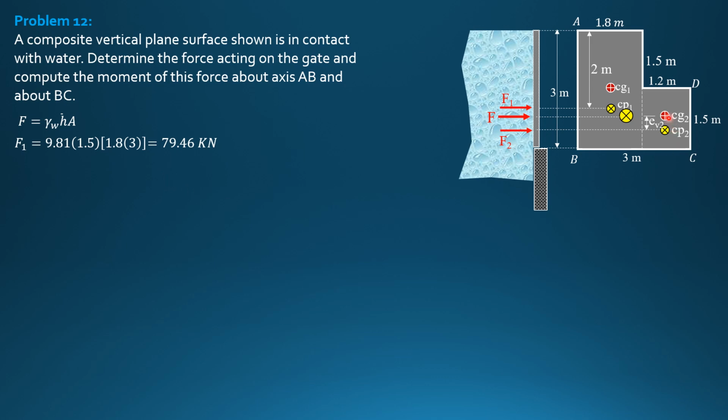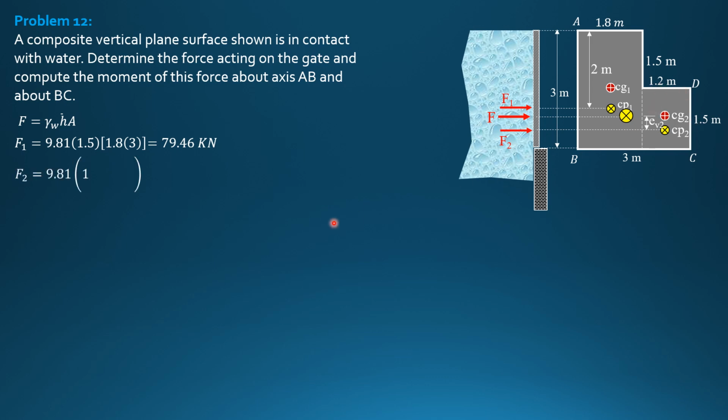F2 is 9.81. Bar H2 is from water surface 1.5 because this is also 1.5 and this is a rectangle. 1.5 plus 1.5 over 2, that's the bar H. Then the area is 1.2 times 1.5.